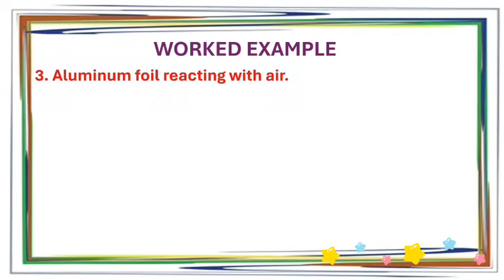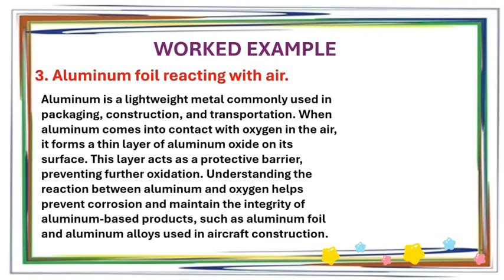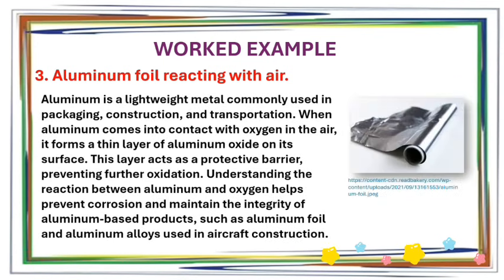Number 3. Aluminum foil reacting with air. Aluminum is a lightweight metal commonly used in packaging, construction, and transportation. When aluminum comes into contact with oxygen in the air, it forms a thin layer of aluminum oxide on its surface.